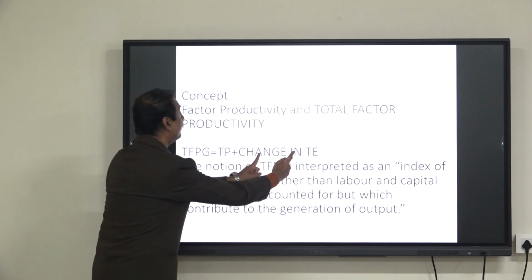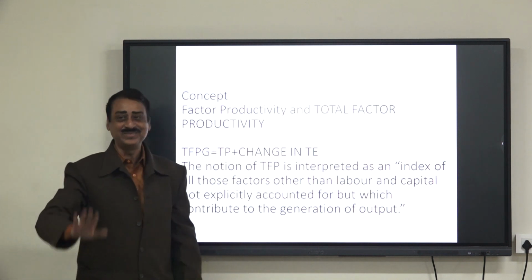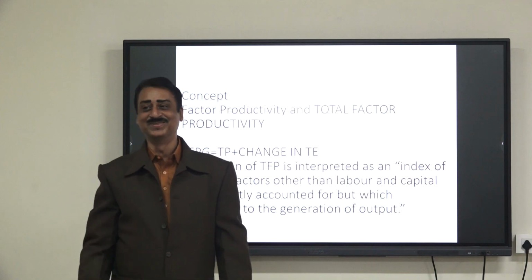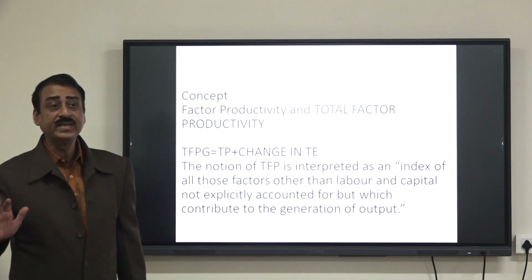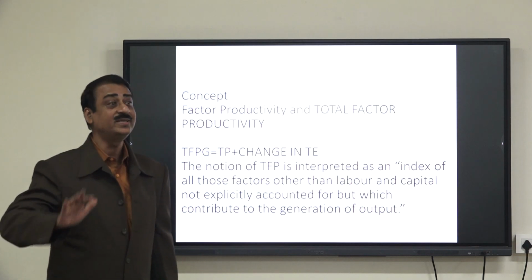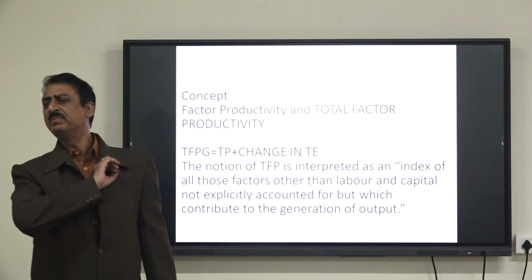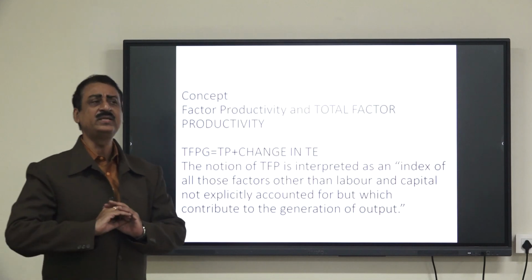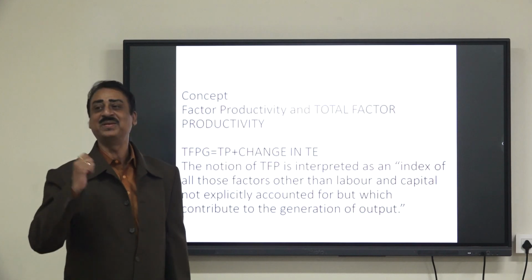And if the negative quantity is greater than the positive quantity, total factor productivity growth can be negative also. You understand? So not necessarily is total factor productivity growth always going to be positive. It can be zero, it can be extremely sluggish, it can be negative also. And that is what the problem is.